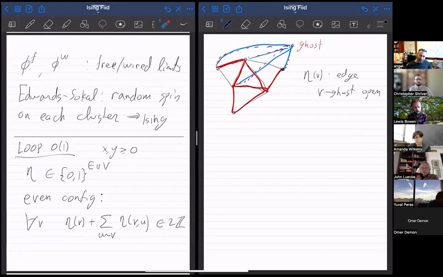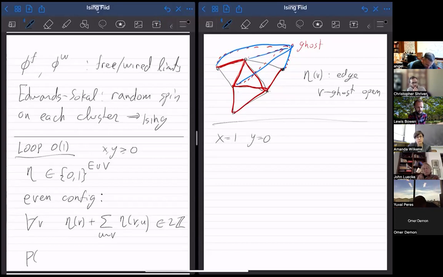And a special case that is of particular interest, the simplest case, is when x is 1 and y is 0. y equals 0 just means that you do not allow any edges to the ghost, so really you're requiring all the degrees to be even, and x equals 1 means that you don't care how many edges you have. Sorry, I forgot to write down what the weight is.